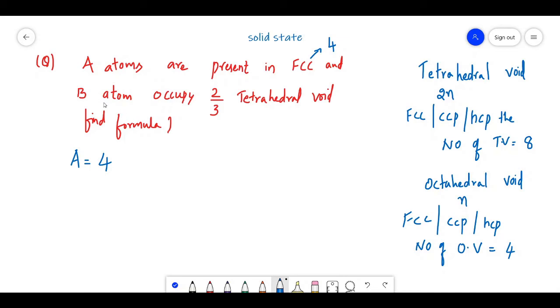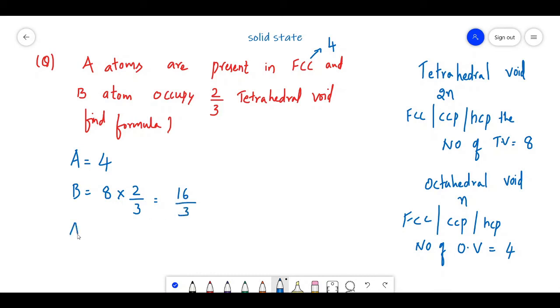And in this FCC, B atoms occupy tetrahedral void. So for all FCC, the number of tetrahedral voids are 8. So you can take the number of atoms B is equal to 8 into tetrahedral void, that is given as 2 by 3. So you get 16 by 3.